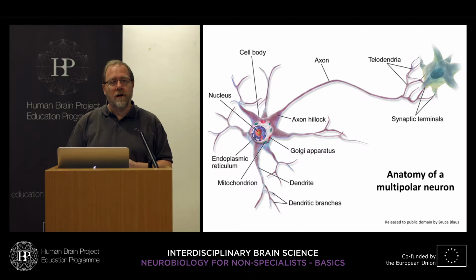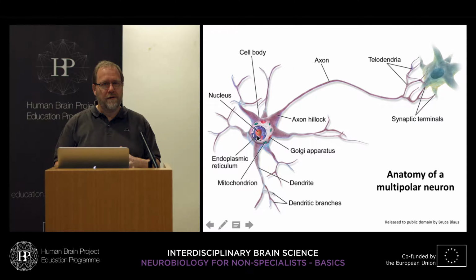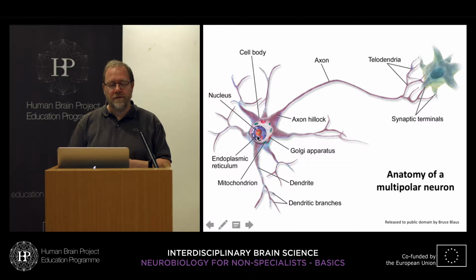So if we look in a little bit more detail, again we see the cell body, which contains the nucleus, which contains the endoplasmatic reticulum and the Golgi apparatus, which we talked about just before. We find mitochondria. Those are not only found in the cell body, but they are also found in the axons and in the dendrites, because energy is needed all over the cell.